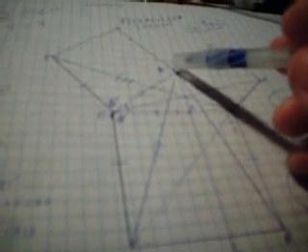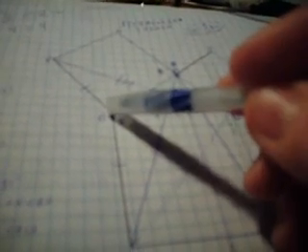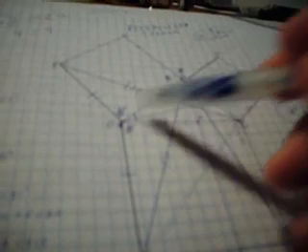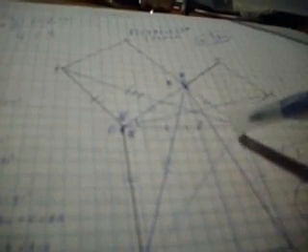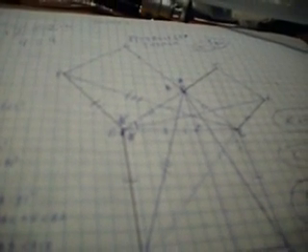Same type of deal over here. If you were to add the number of degrees of angle ACB to ECB, you would get the same number of degrees as though you were to take angle KCA and add it to ACB. Alright? Follow me so far?